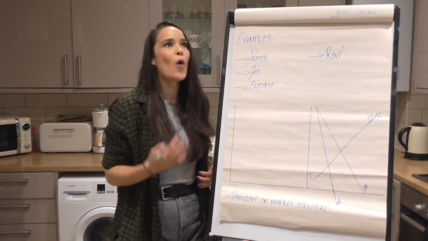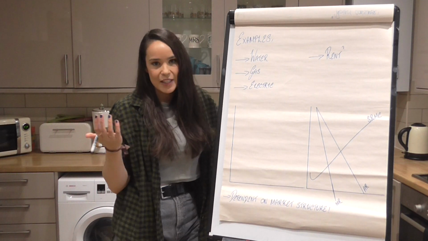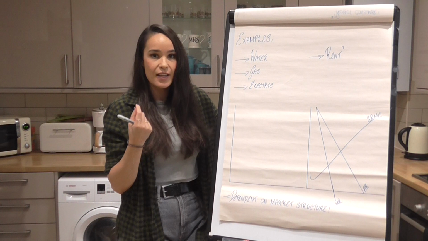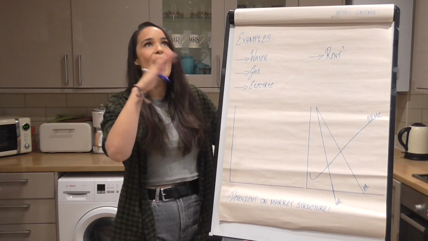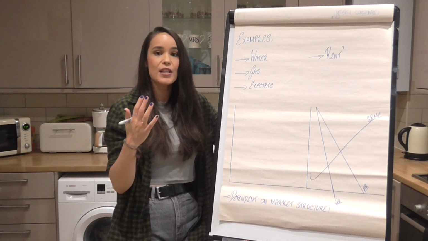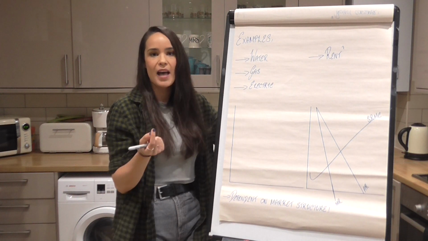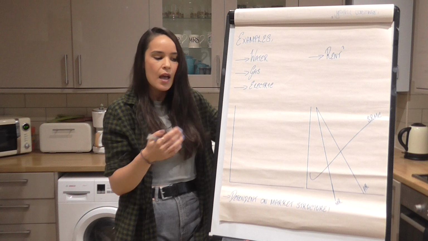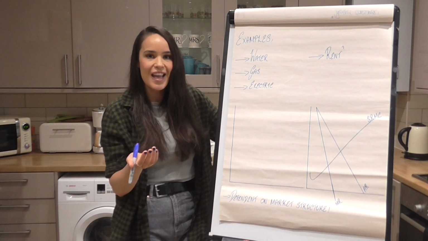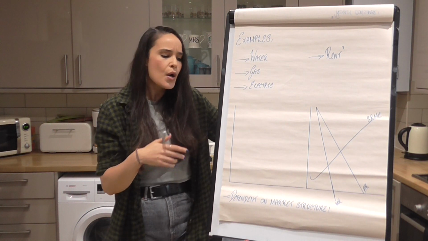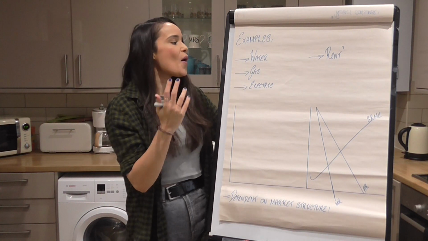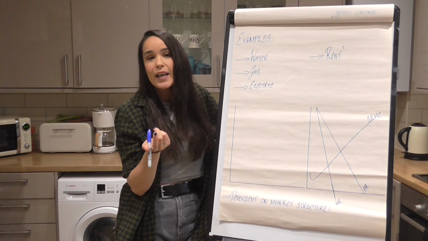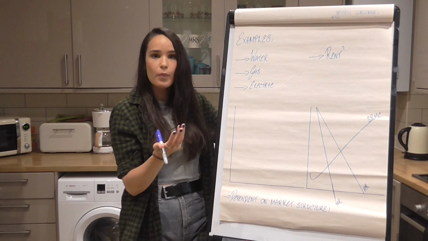You need to think about why these kinds of things are going to be subject to a maximum price. One of the main reasons is because they're essential. Everybody has to have them, and because of that, the demand is very inelastic. You also need to think about what type of market structures these fall under. It may well be that they're an oligopoly or a natural monopoly or a monopoly.